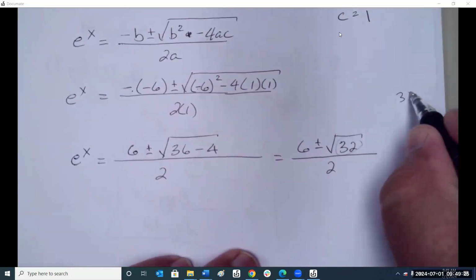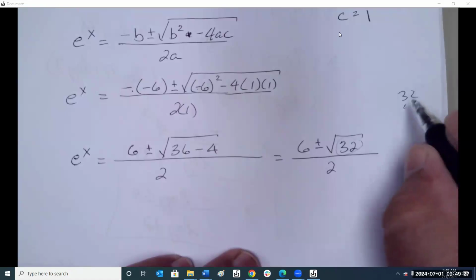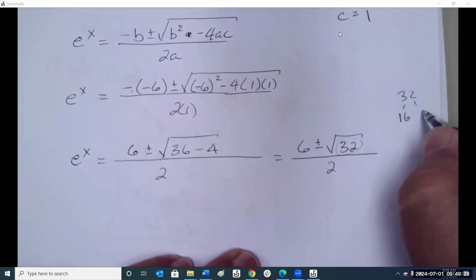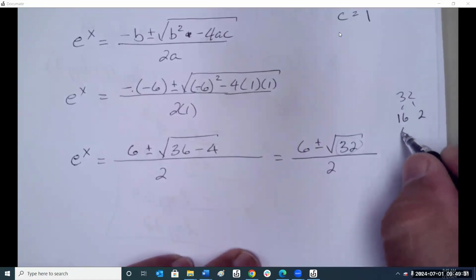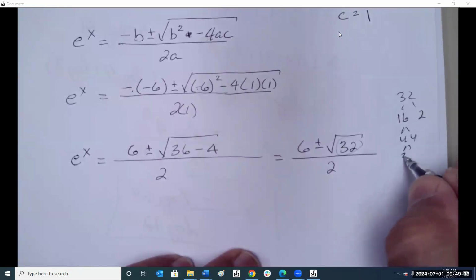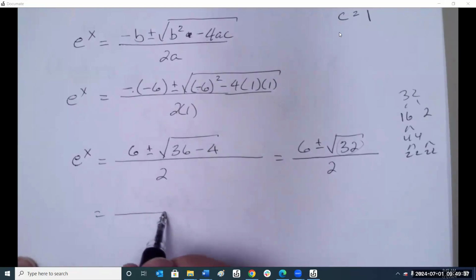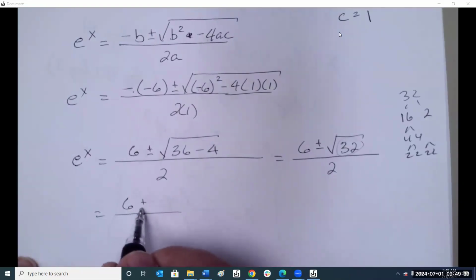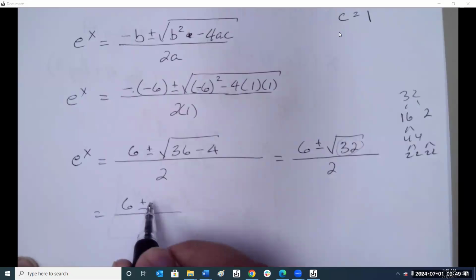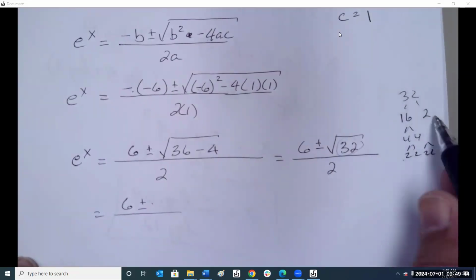36 minus 4 is 32. And 32 is made up of 16 times 2, 4 times 4. So it's made up of 2s. There are 1, 2, 3, 4, 5 2s.